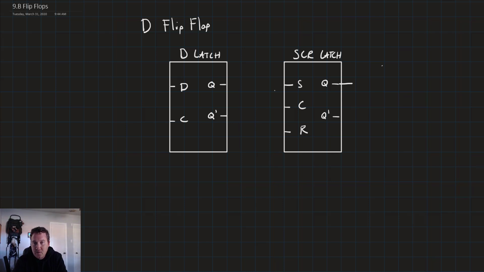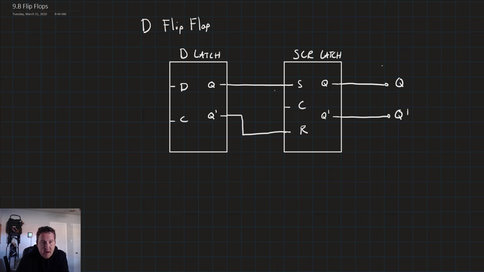Now, the outputs Q and Q naught from the SCR latch will be the actual outputs Q and Q naught for the flip-flop. The Q outputs from the D latch will connect to the S and the R signal. And on the input side, there's an input signal D, the bit that we want to store, which connects to the D input.